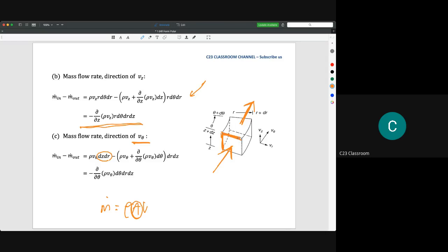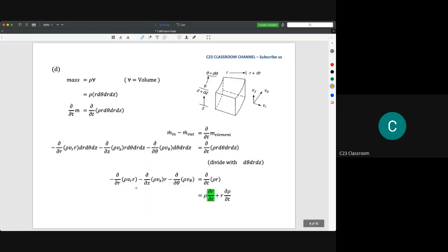The multiple of dr and dz gives the cross-sectional area for the inlet as well as the cross-sectional area for the outlet. And rho and v theta are the density and velocity here. If you expand this one, you will get the value of this term. So you have negative del over del theta of rho v theta, d theta, dr, and dz.